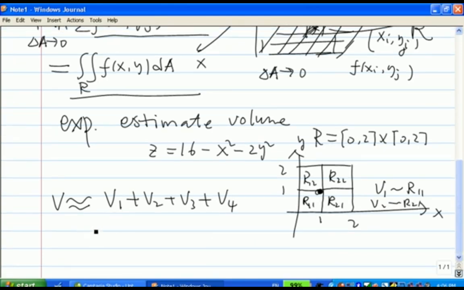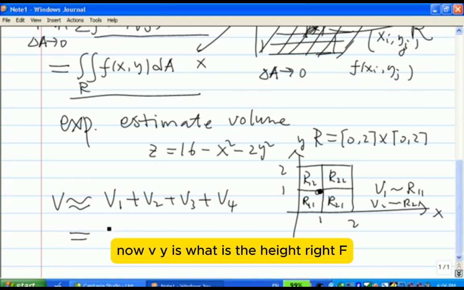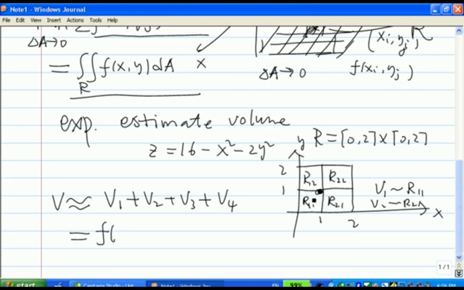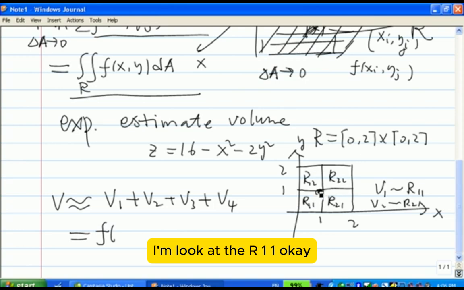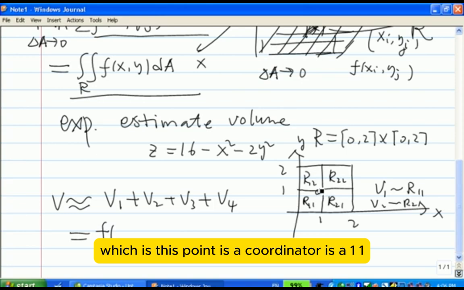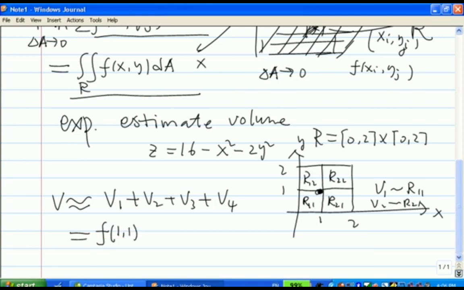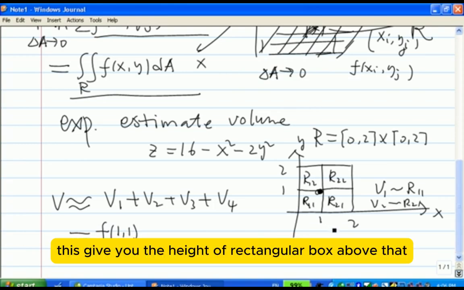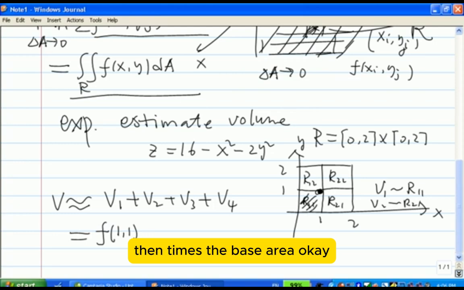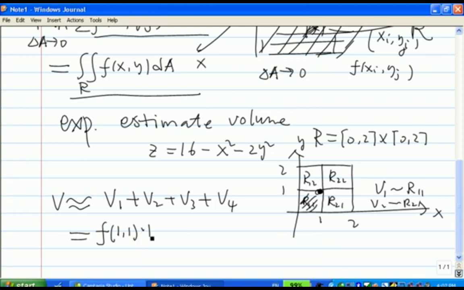Now V1 is the height, looking at R11, you use the upper right corner, which is this point. Its coordinate is 1, 1. This gives you the height of the rectangular box above it, then times the base area. What is the base area? 1 times 1, so it's 1.